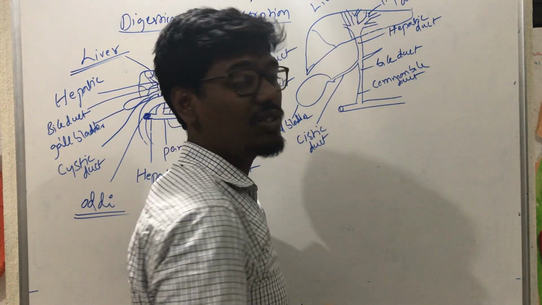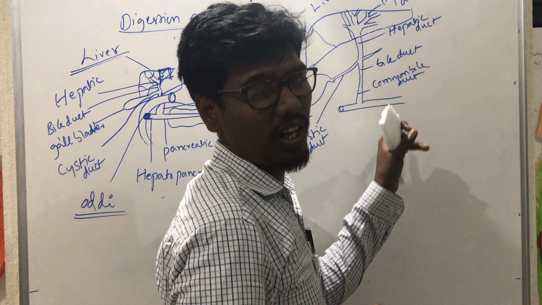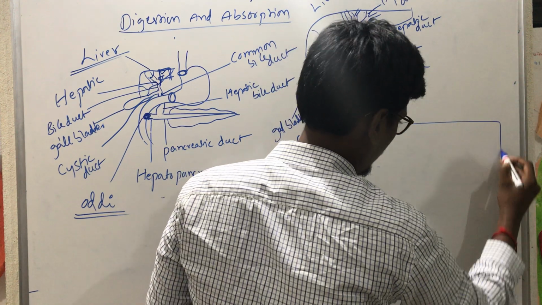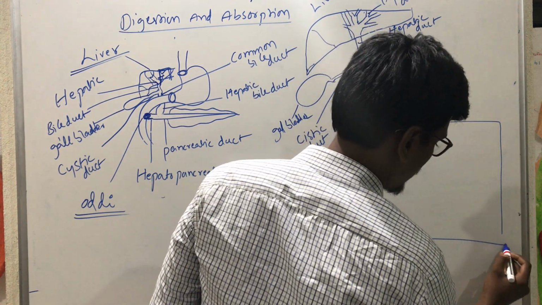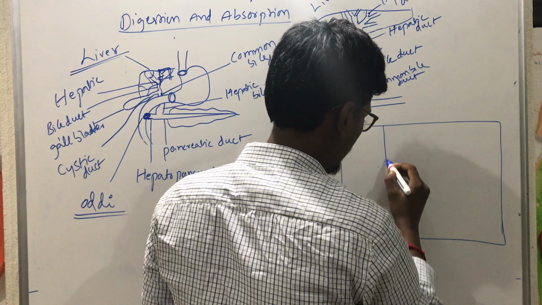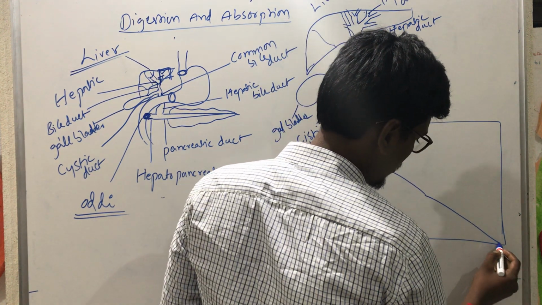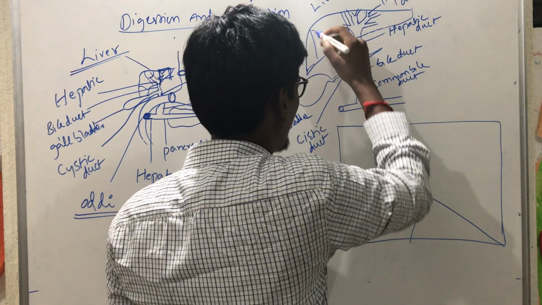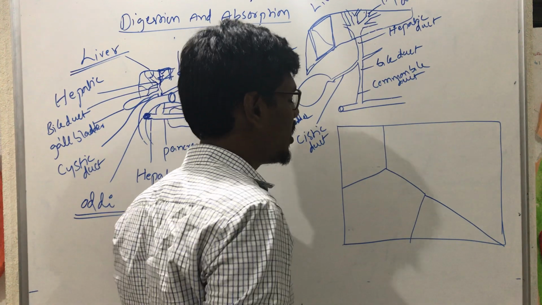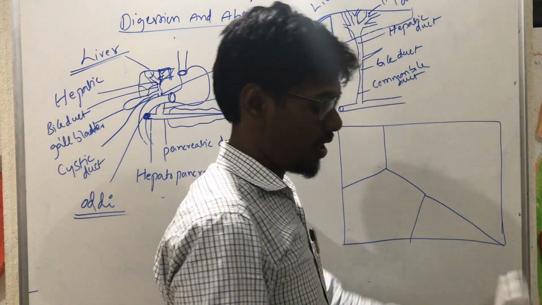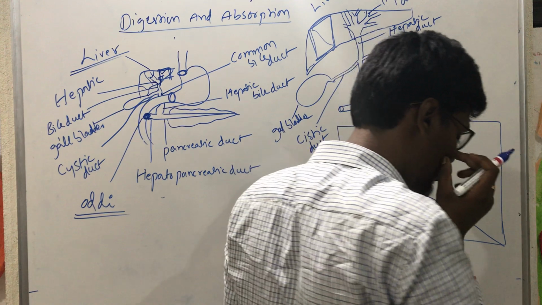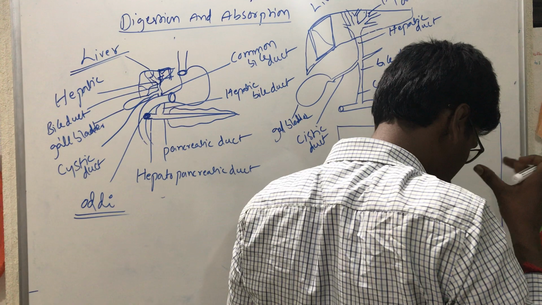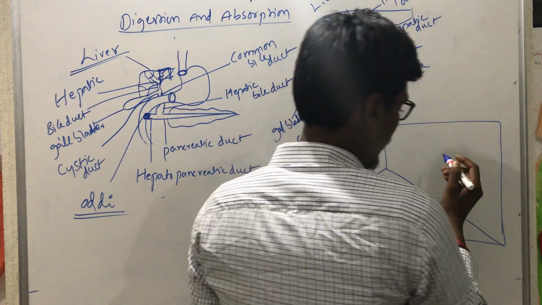So we will see the transverse section of the liver diagrammatically. We have to cut one piece of the liver.